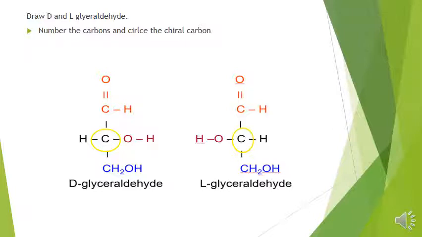I have it condensed, but when we drew it, it looked like this. The way to tell if it's a chiral carbon is if it has 4 different things attached to it. Well, you can see it only has 3 different things, so this guy is not a chiral carbon.